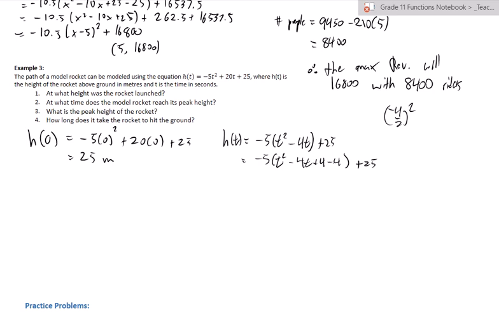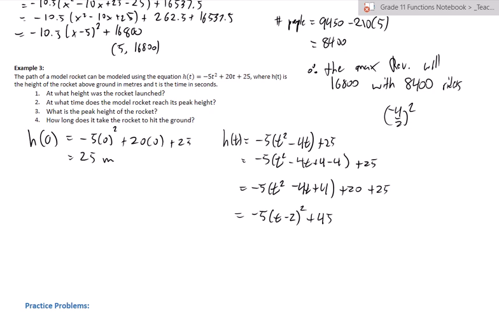We're then going to take the -4 out and multiply by its coefficient, which is -5. So -5 times t squared minus 4t plus 4, plus 20, plus 25. Factor the bracket, which is the -2, the number we found earlier. So -5 times (t minus 2) squared plus 45.